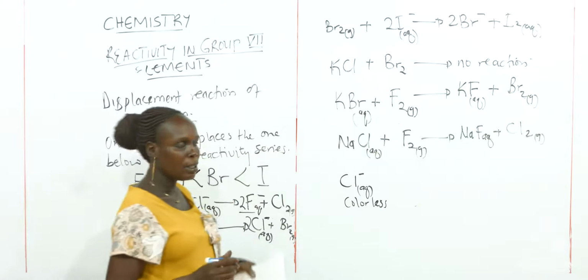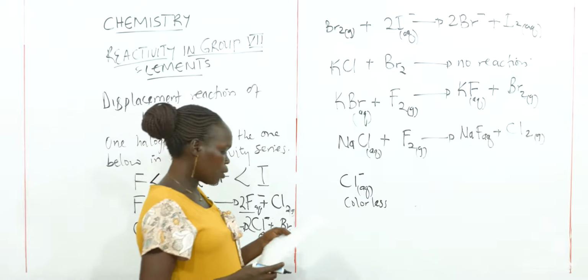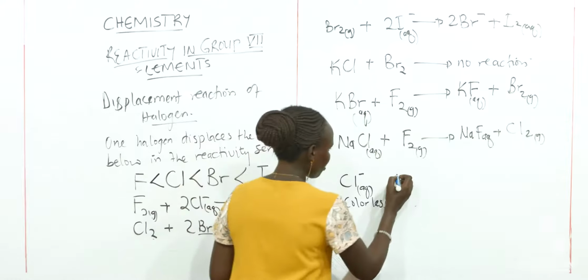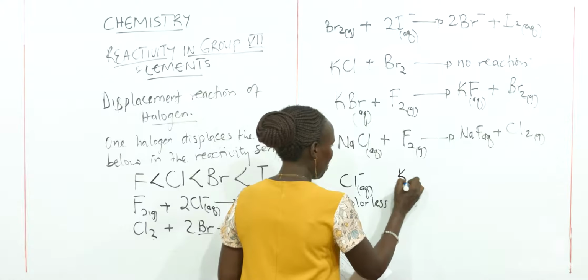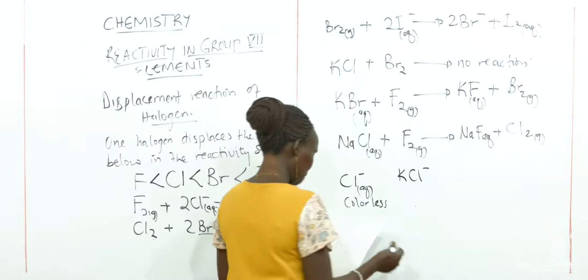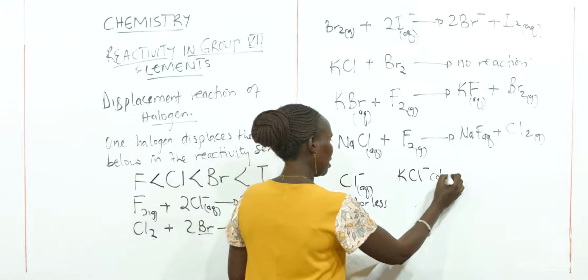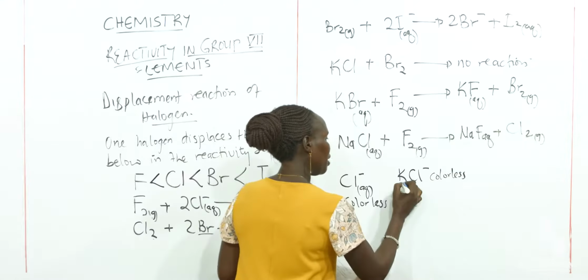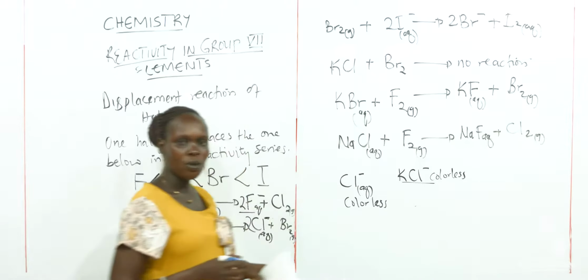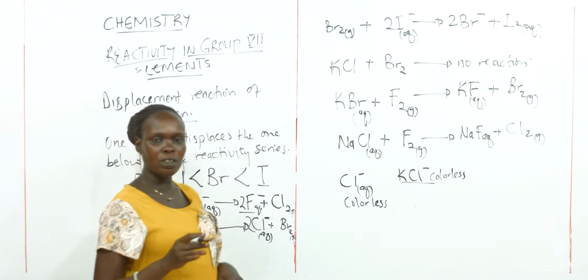If this is reacted with potassium chloride, which is also colorless, learners, what will happen? We are going to see that there is no reaction that will take place.